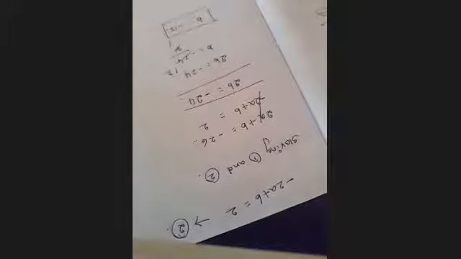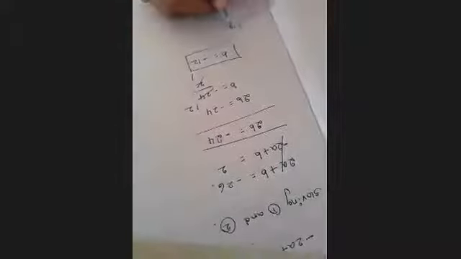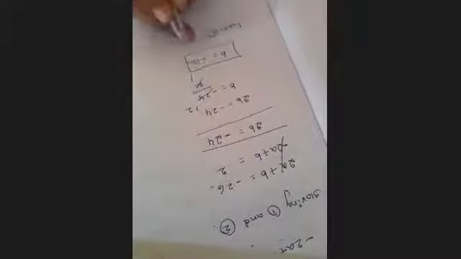A value I want. You can substitute anywhere in equation 1 or equation 2. Okay. If you substitute in equation 1 or equation 2, a value we can find out. So I am substituting in equation 2. So b value already I know, minus 12. So minus 2a plus b equals to 2. This is the second equation. Now I am substituting b value.